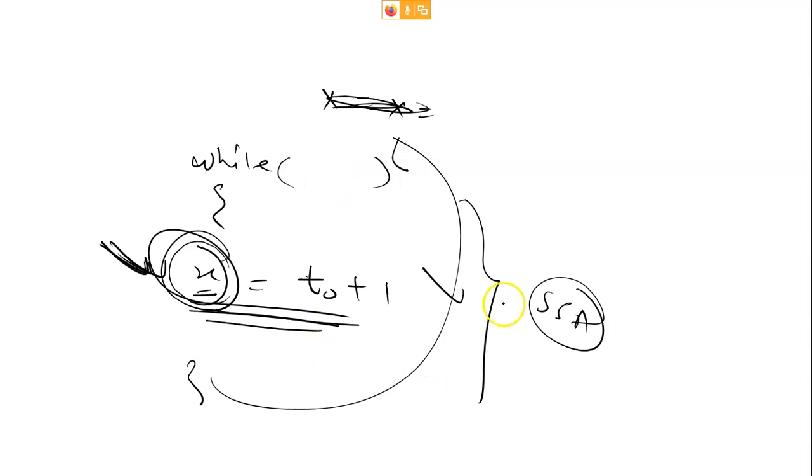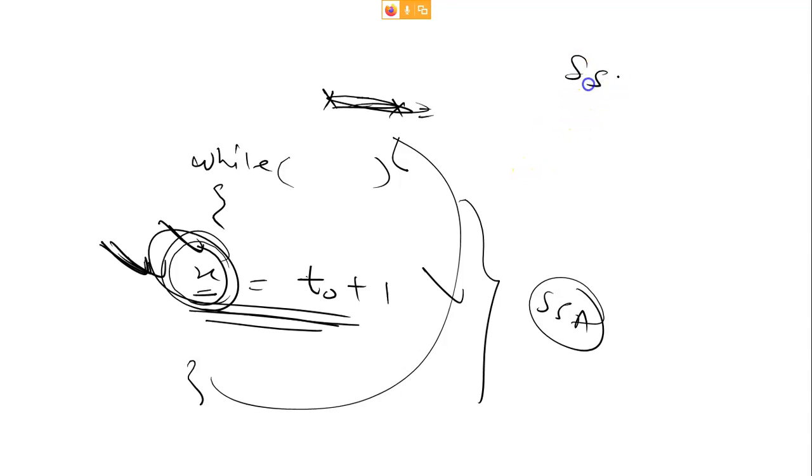So if this while loop is going on 5 times, then for the same variable 5 times assignment will happen. That's why you might say, how is it SSA? Because this variable x is being defined 5 times. That is a legitimate doubt, but that is the point.